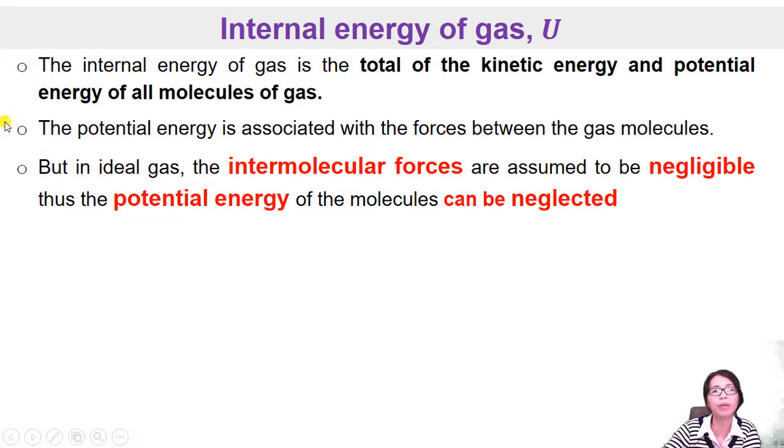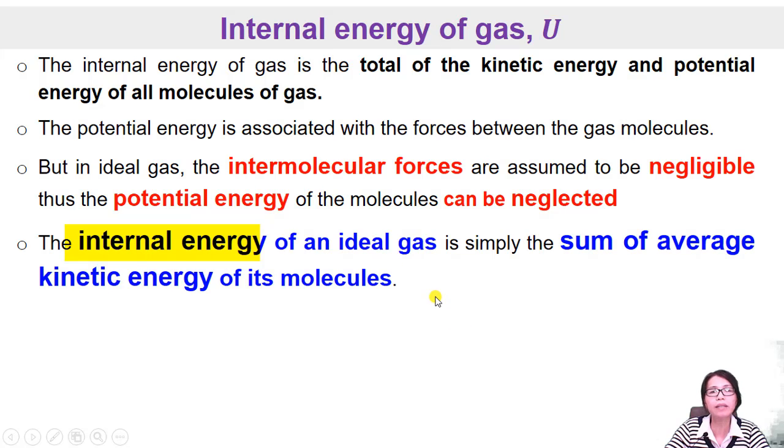So, if there are no intermolecular forces between the gas molecules, then we might conclude that the potential energy of the molecules can be negated. So we can ignore the potential energy of the gas molecules. So the internal energy of an ideal gas will be simply the summation of the average kinetic energy of its molecules.